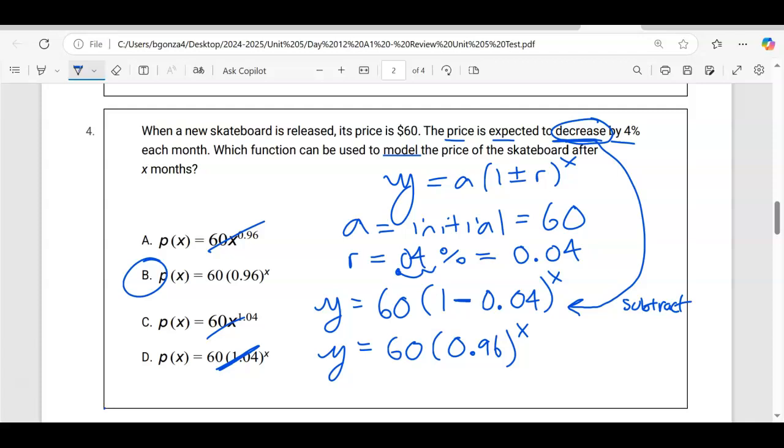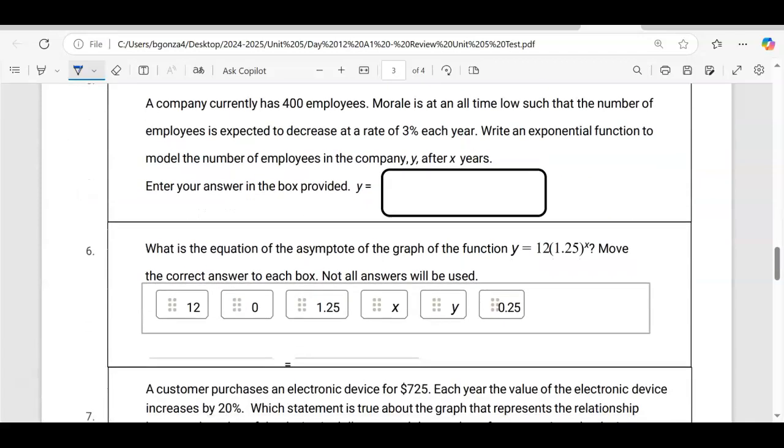Okay, well, cool. Number 5, the company currently has 400 employees. Currently, initial value, my A value is going to be 400. Morale is at an all-time low such that the number of employees is expected to decrease.